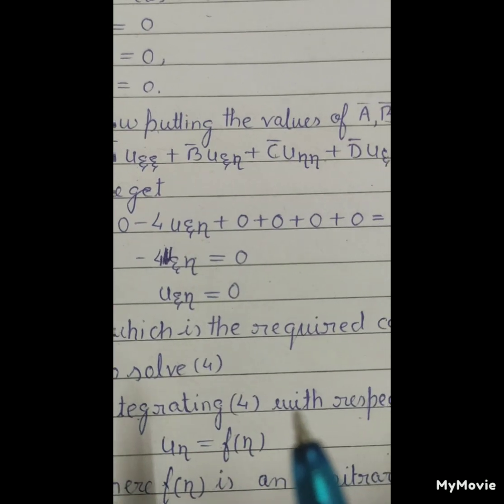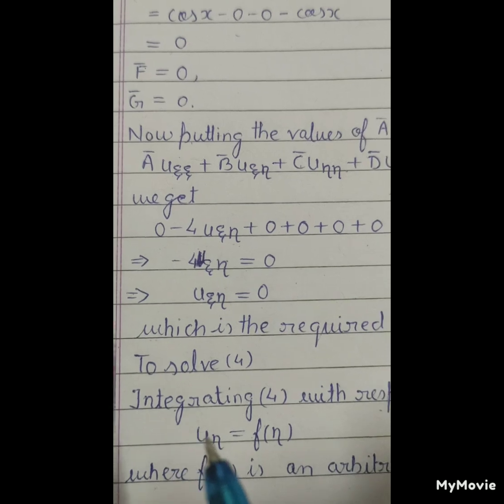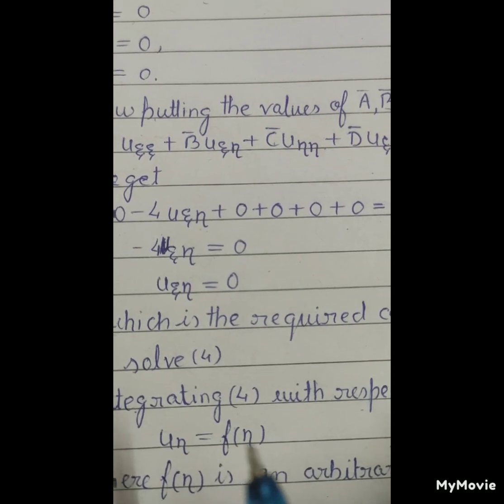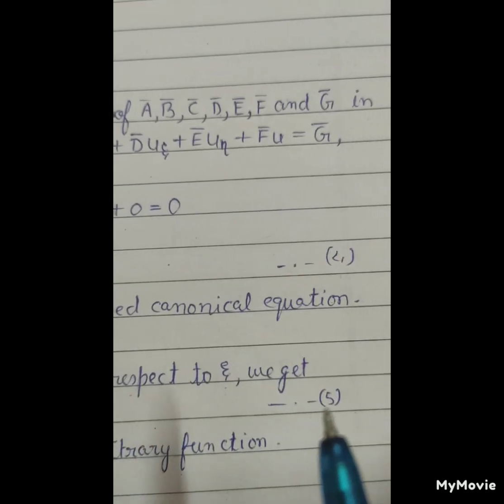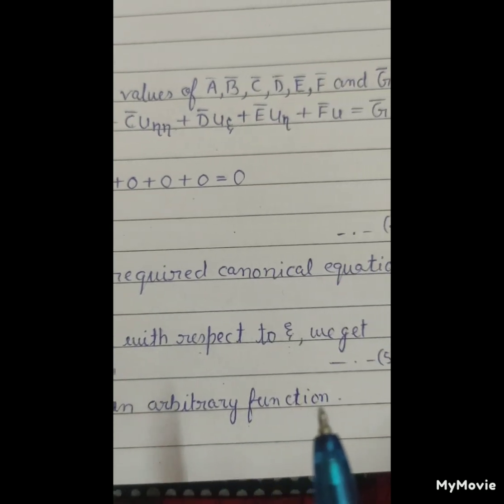To solve equation 4, integrating 4 with respect to ξ, we get u_η equals to f(η), equation 5, where f(η) is an arbitrary function.